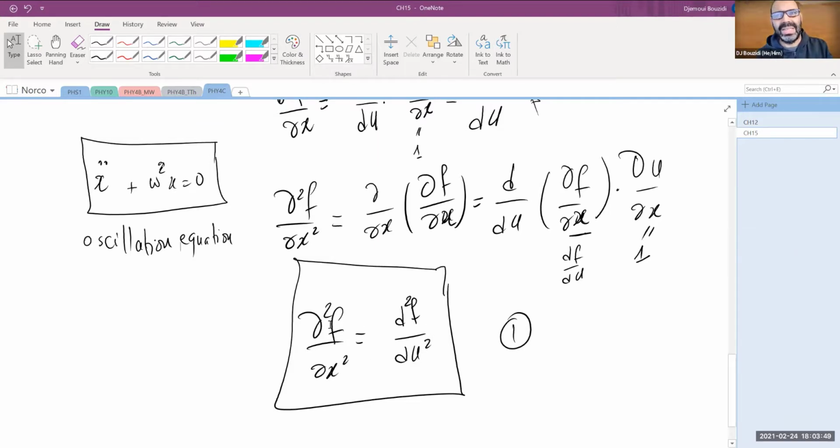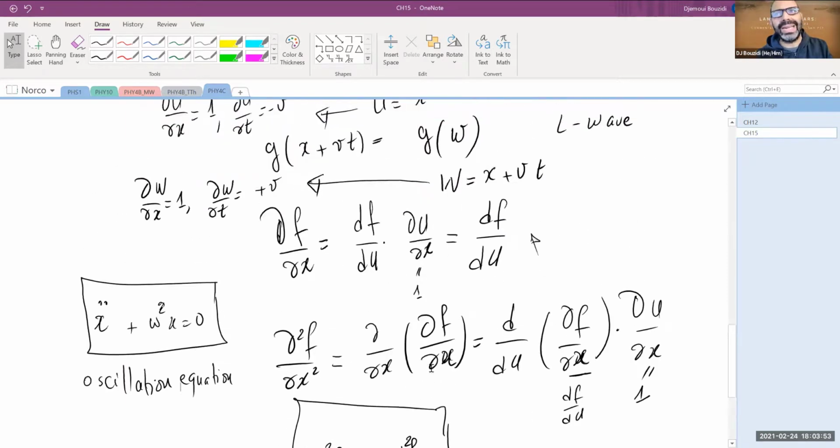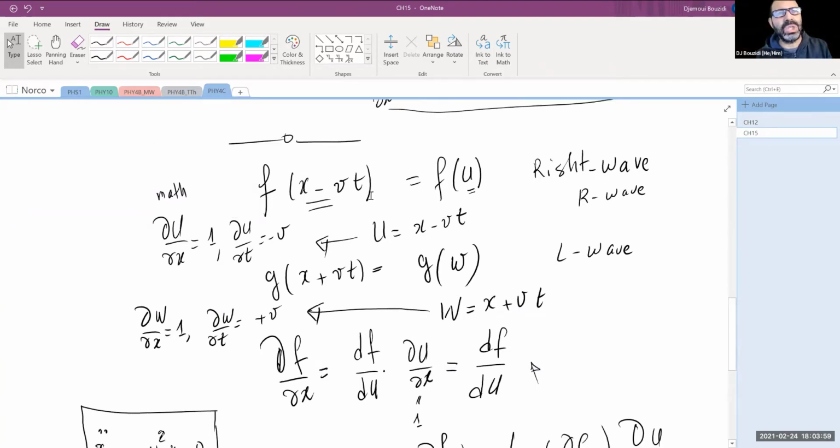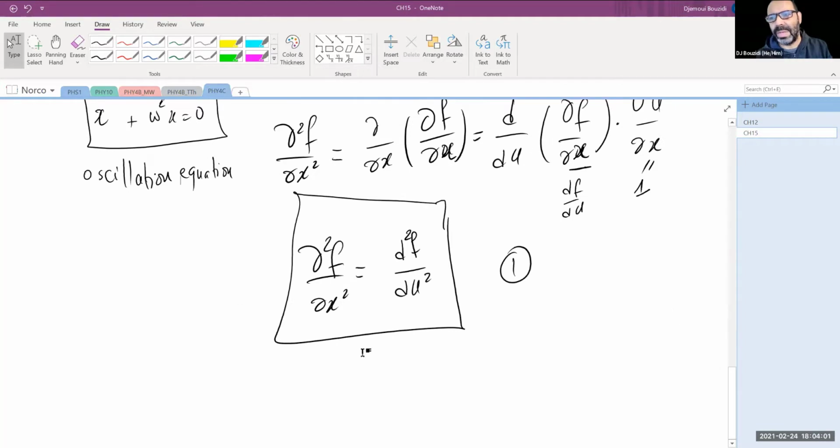But this relates a derivative of f with respect to x with something that is u. And u was not really part of the initial problem. What we had is x and t. So I better find the derivative of f with respect to t now and see how that works for me, because we found the derivative with respect to x.